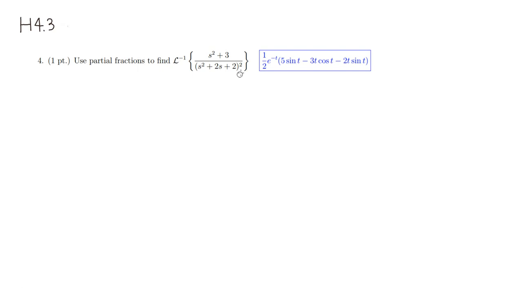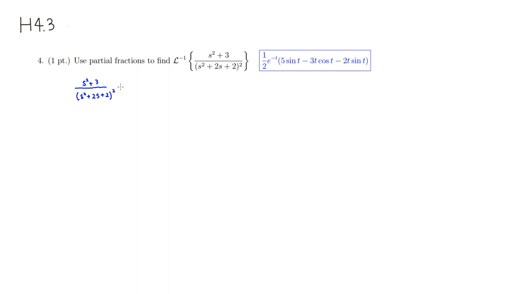So we have s squared plus 3 over the quantity s squared plus 2s plus 2, squared.